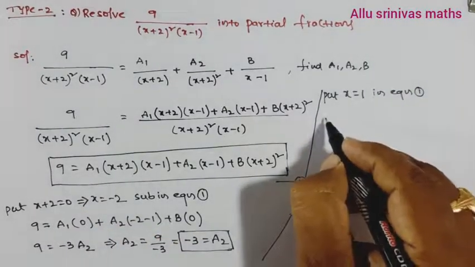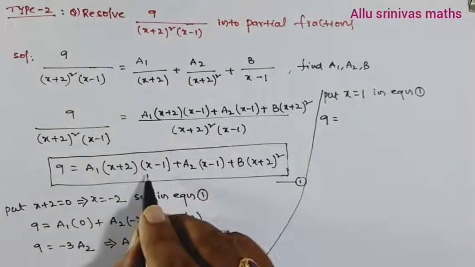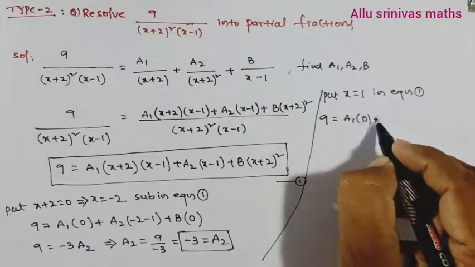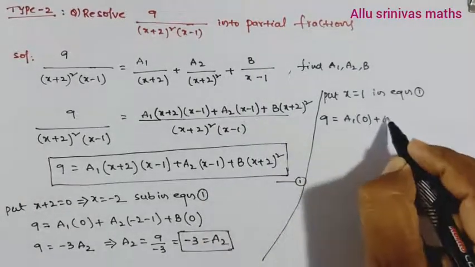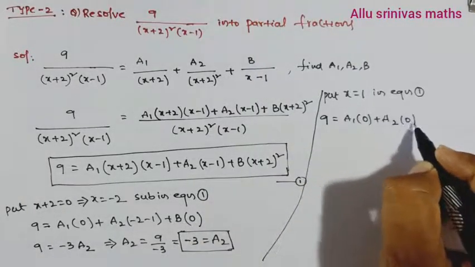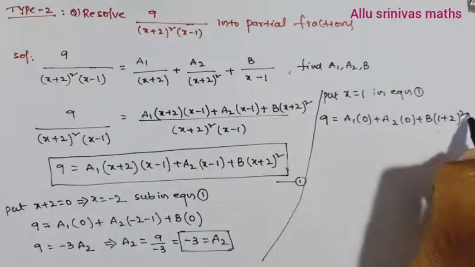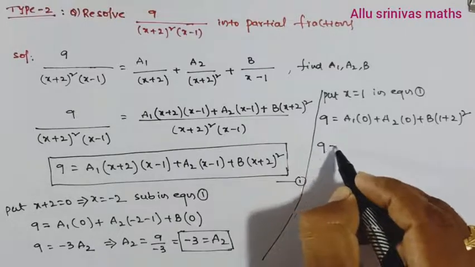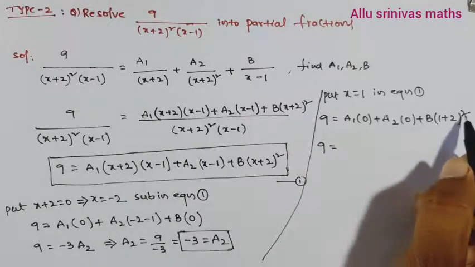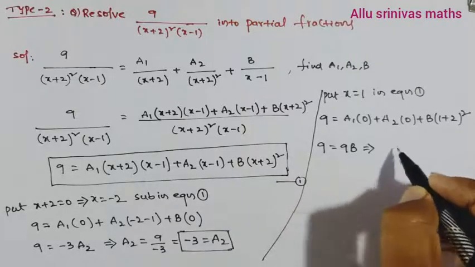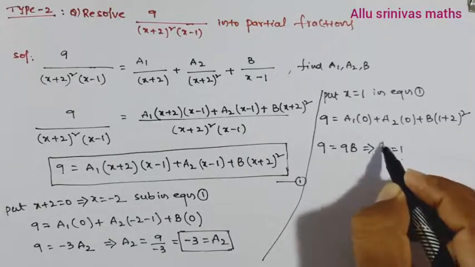So 9 equal to a1 times (1 minus 1) which becomes 0, and a2 times (1 minus 1) which is 0, plus b times (1 plus 2) whole square. 9 equal to 3 square, which is 9b, and then finally b equal to 1.